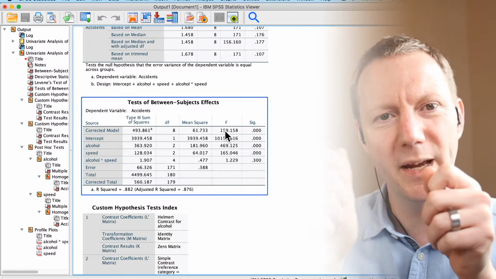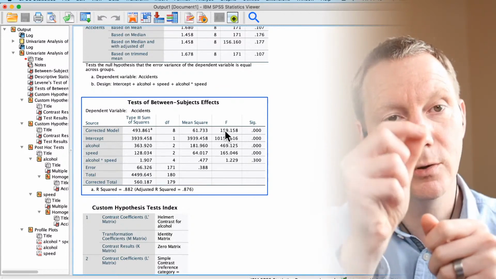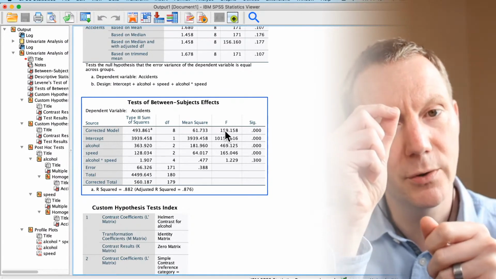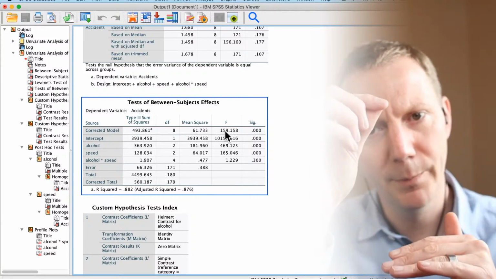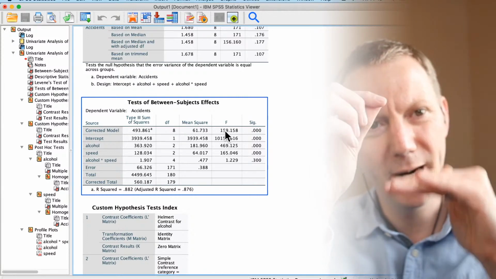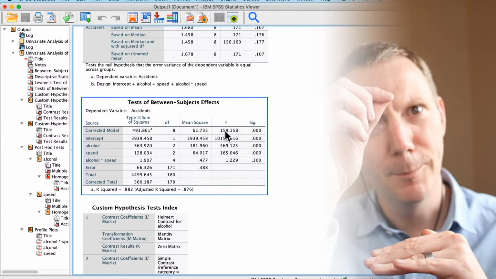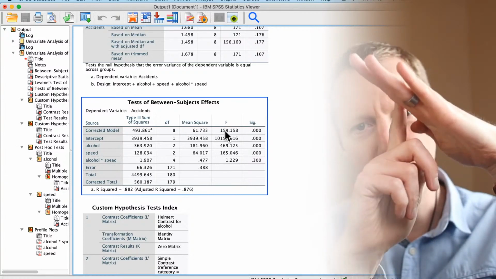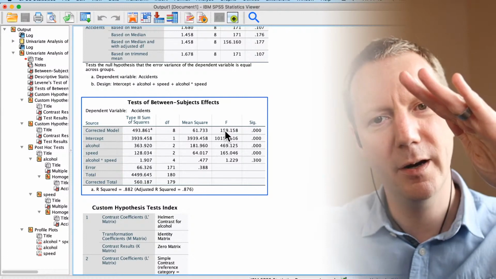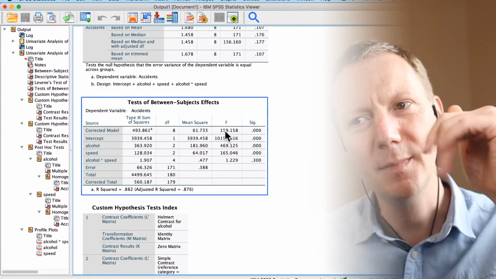And one of those beta coefficients is your intercept. So the place where the line hits your y-axis when all the other variables are set to 0.